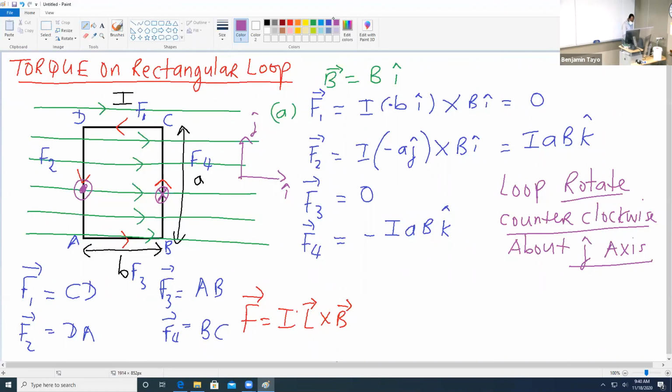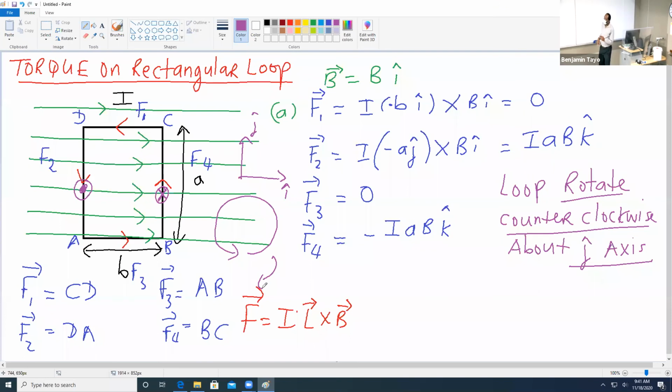Right now we have a current that is moving in the counterclockwise direction. If I were to change the direction of the current so that the current moves in the clockwise direction instead, then everything is going to change, right?